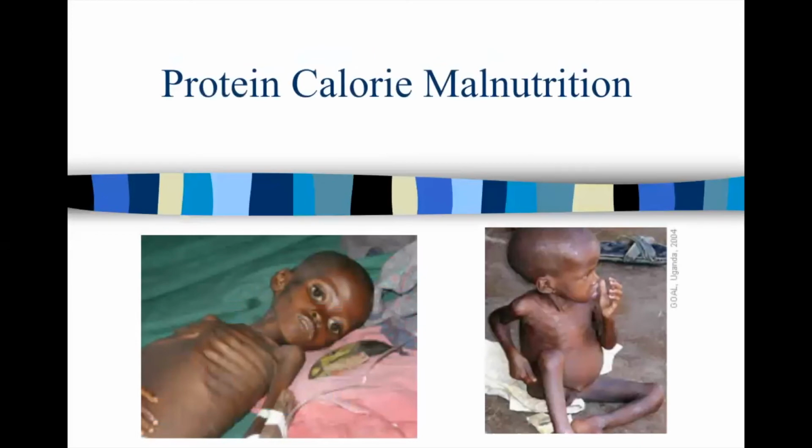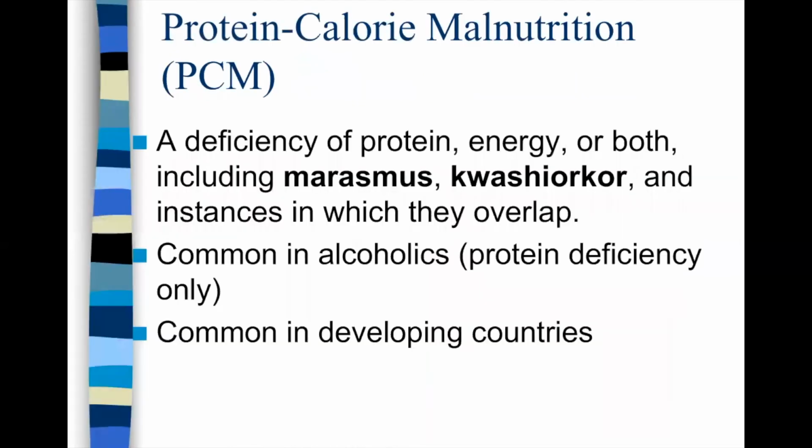Protein calorie malnutrition. This is very, very sad. This could happen in the United States, but is more of an issue globally. It's possible for people to have protein malnutrition or calorie malnutrition, or both protein and calorie malnutrition. There are 2 different types of this malnutrition, and they include marasmus and kwashiorkor.